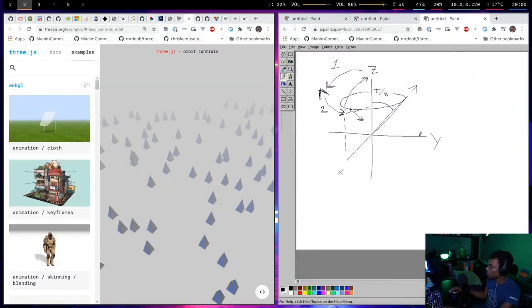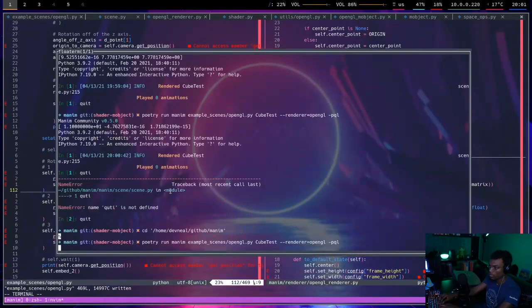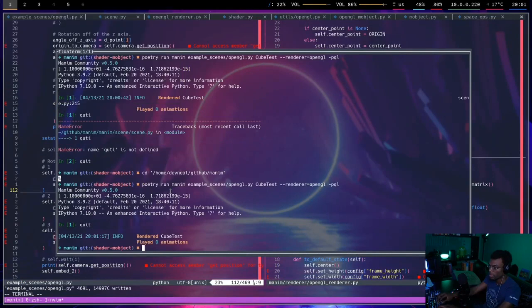Is this correct? Y-axis, positive rotation will be down toward the x-axis. Negative rotation will be up to here, like basically at the z place looking down. And that isn't working. That is not working for some reason.